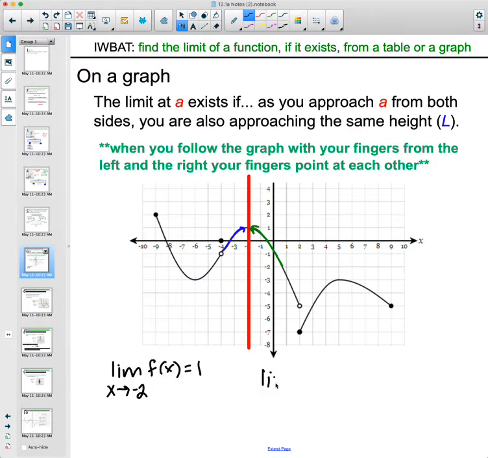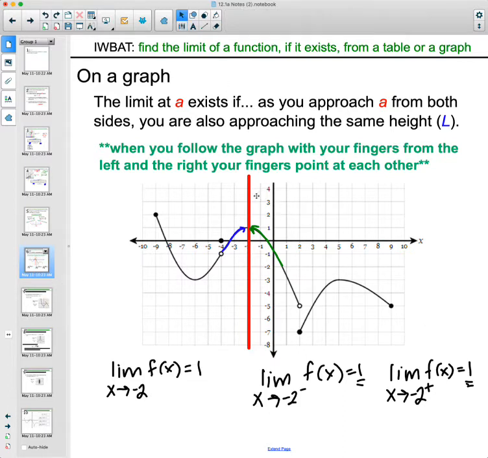That's because the limit as x approaches negative 2 from the left of f of x was 1, that's the blue side, and the limit as x approaches negative 2 from the right of the function was 1. Since both of those limits from either side were equal, the overall limit exists.